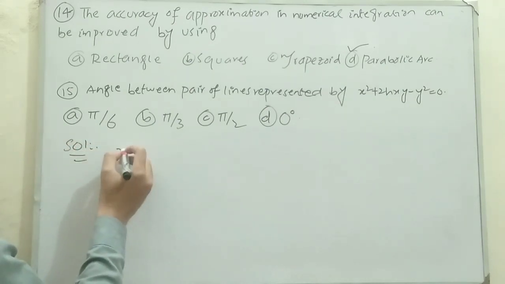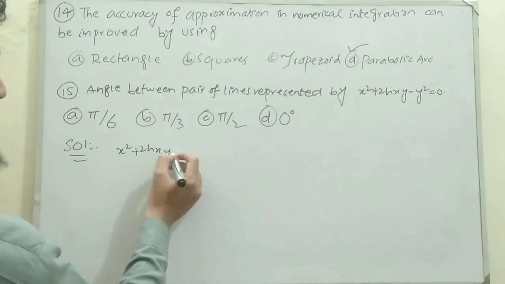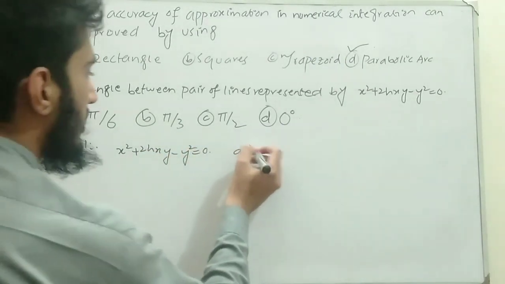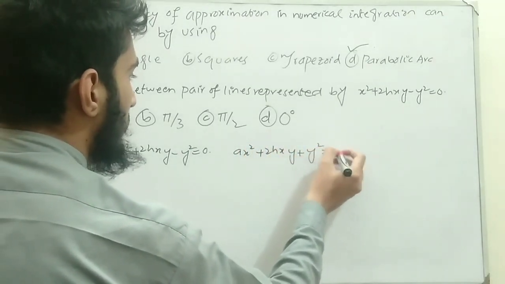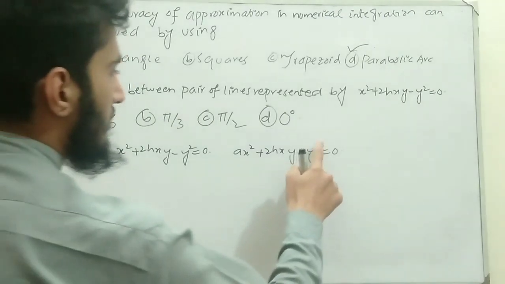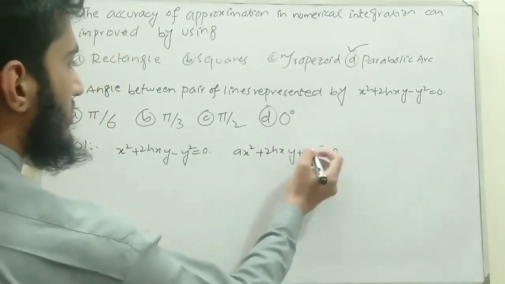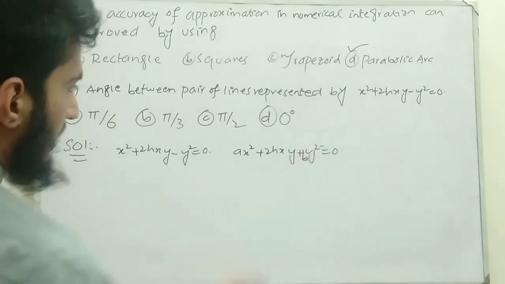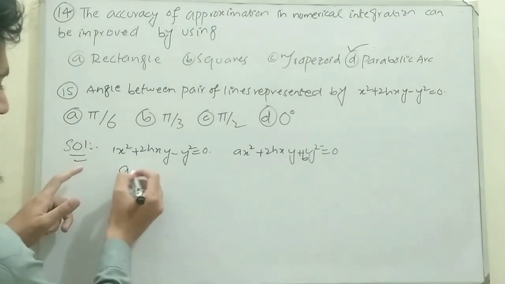Taking the given equation x square plus 2hxy minus y square is equal to 0, comparing with the form of ax square plus 2hxy plus by square is equal to 0. So here the x square coefficient is 1, so it means the value of a is 1.